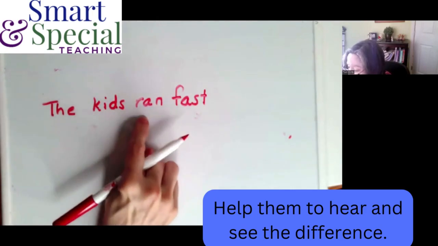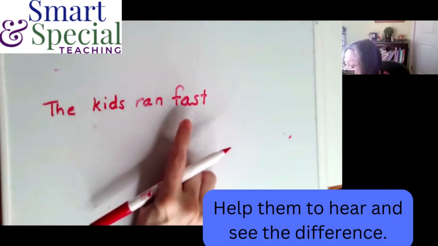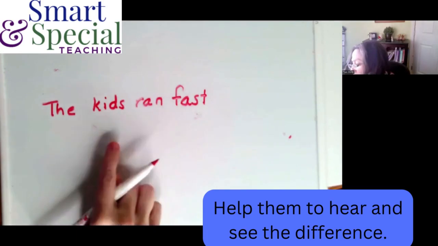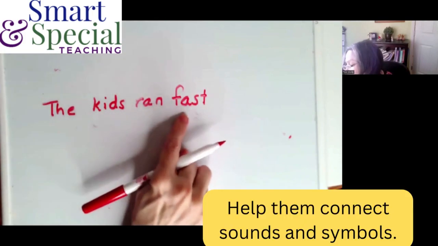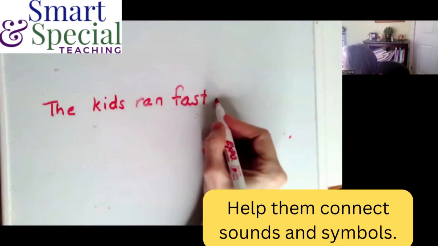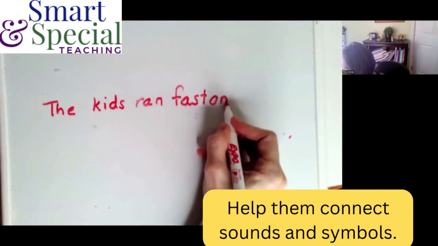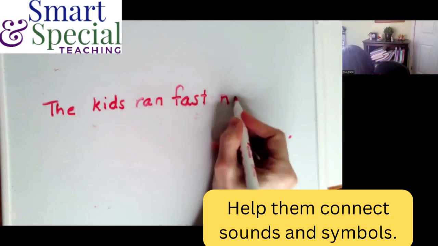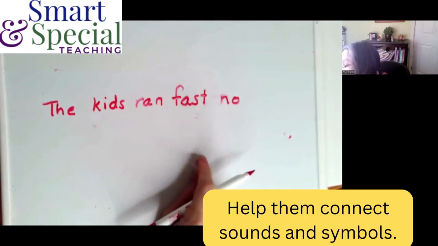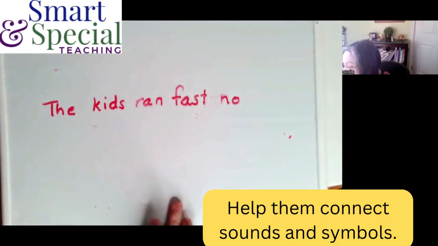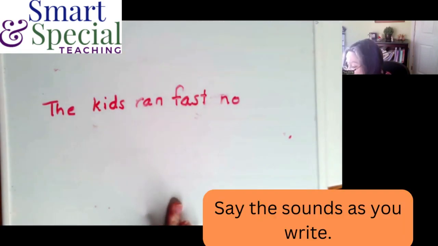The kids ran fast. I think it was the kids ran fast on the path. The kids ran fast on. Have them say the sounds. On. Now if they write this, say this says no. We don't want the word no. What word do we want?